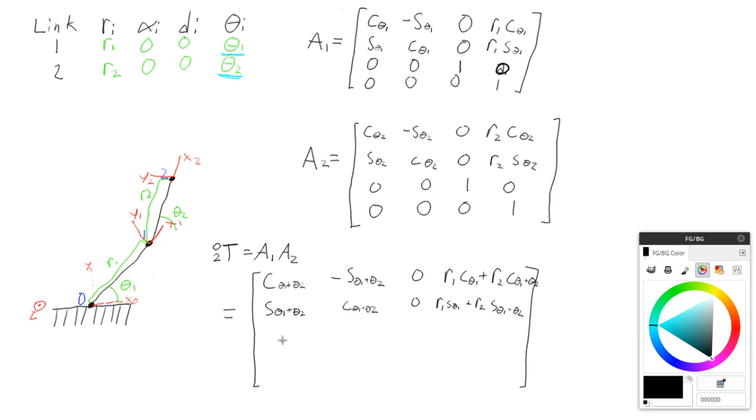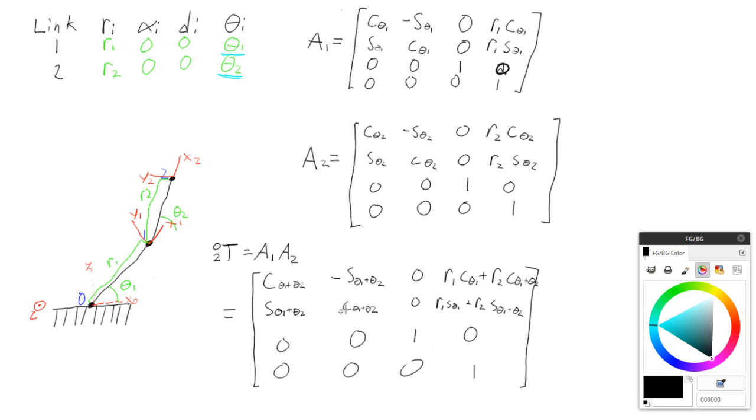And then we're left with a 0, 0, 1, 0, and 0, 0, 0, 1. So no matter how many times we multiply these together, we're always going to end up with our final row of 0, 0, 0, 1. This is because we have no alpha components and nothing really going on with our z-axes. So that's why it's stuck like that.